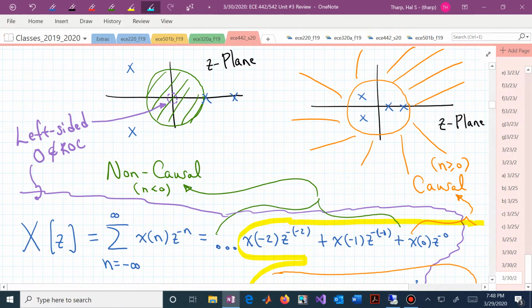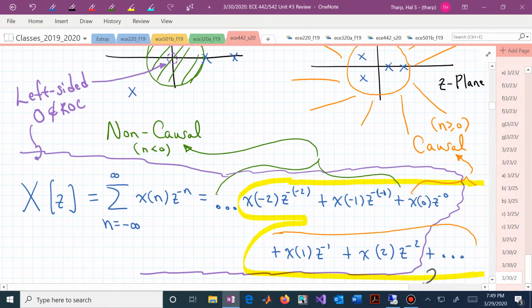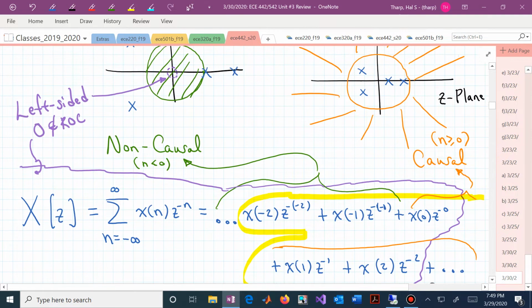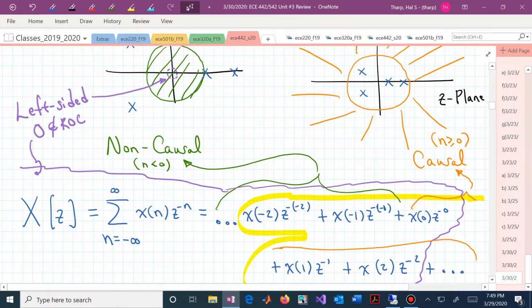that region of convergence. That's the non-causal portion, or if you substituted a value of z that's in the region of convergence for any of these other terms in this series expansion, they would become unbounded. And in particular, you might try the extreme value, which is z is equal to 0.